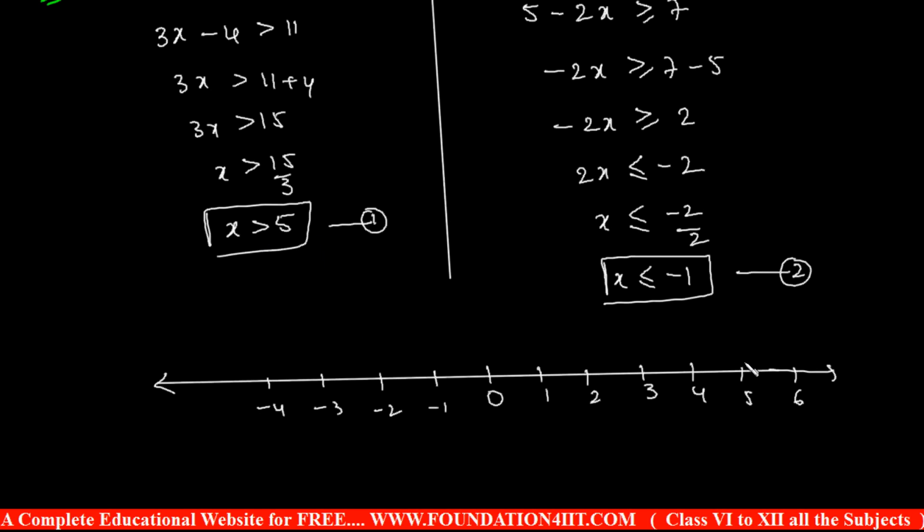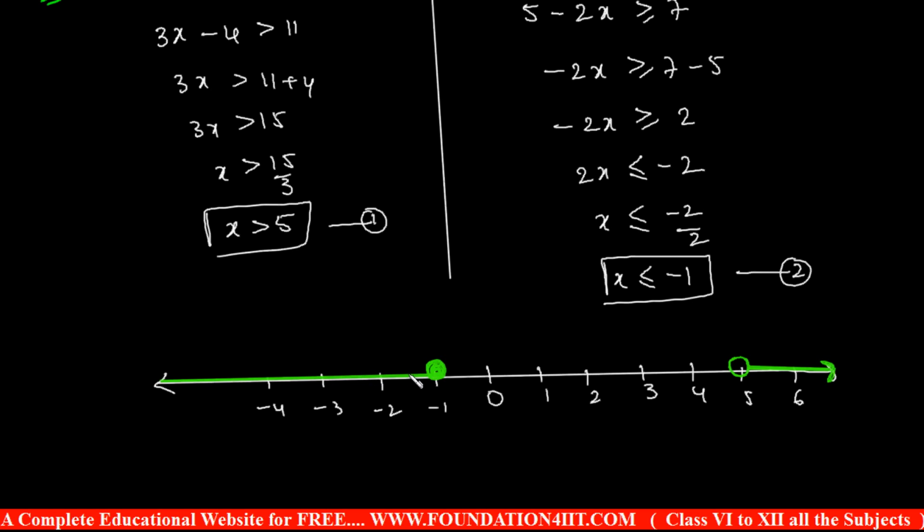So 5 is not included: open circle, and all the values more than 5, so an arrow mark. And one more, x is less than or equal to minus 1. So minus 1 is here, and minus 1 is included. Less means all the left side, this side you can take.